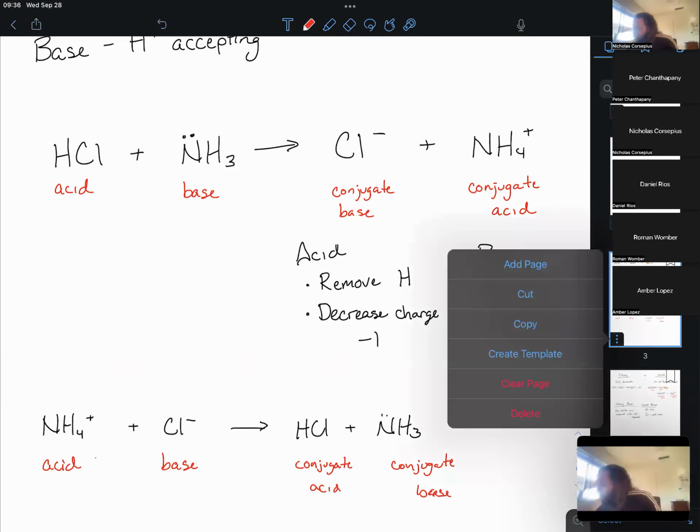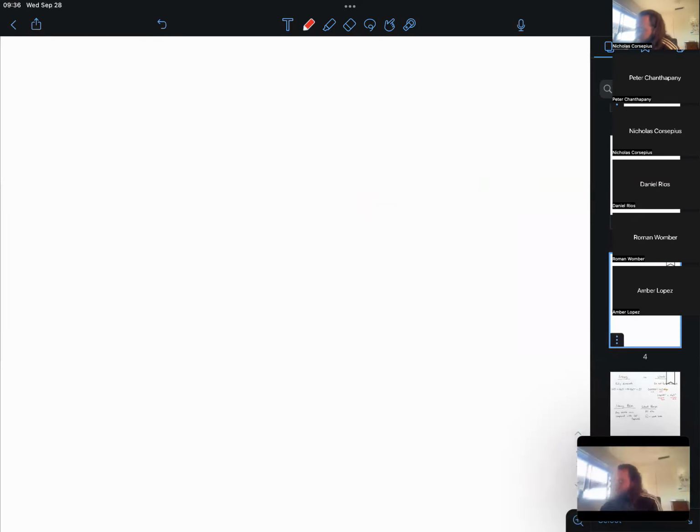All right, so what we need to sort of note here is that there's this inverse relationship between the strength of an acid and its conjugate base. What do I mean by that? Strong acids have very weak conjugate bases.